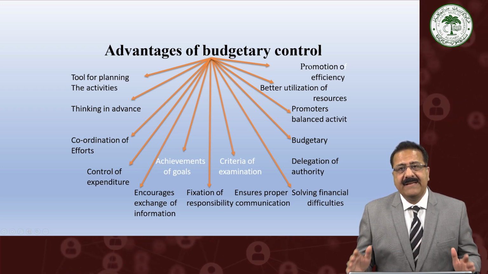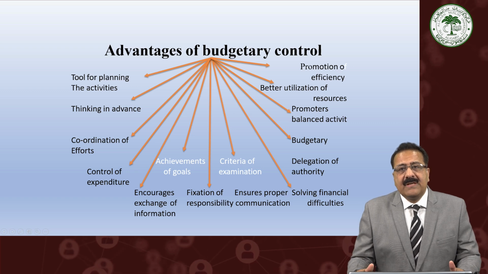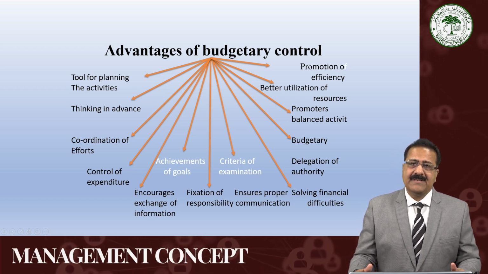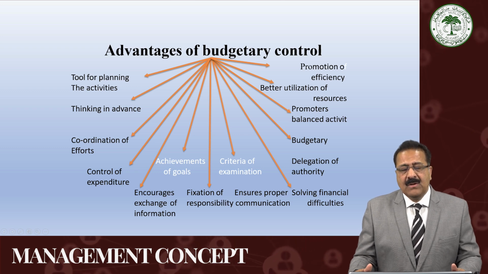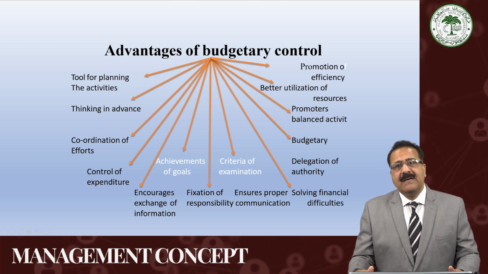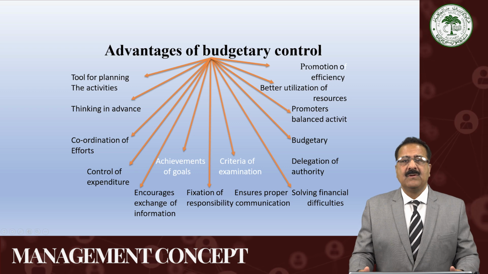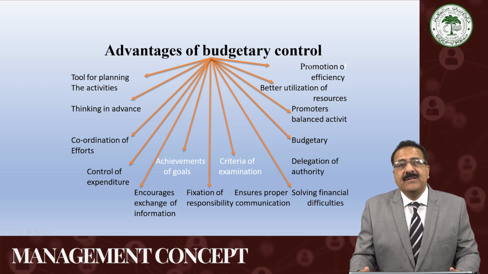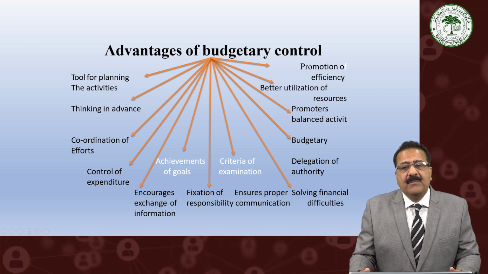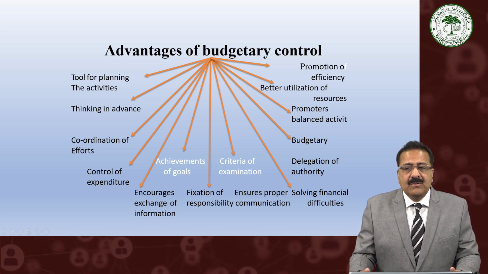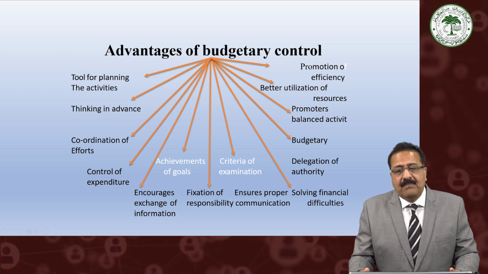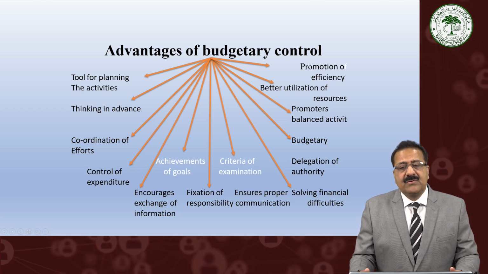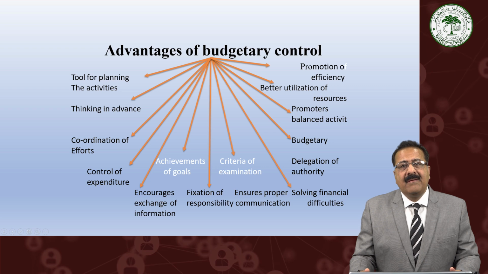It can be very easily identified who is the responsible person for any lapse which has taken place in the organization. The fixation of responsibility is only possible through the budgetary control mechanism because it ensures proper communication, and also the financial difficulties of the organization are solved in a systematic way.